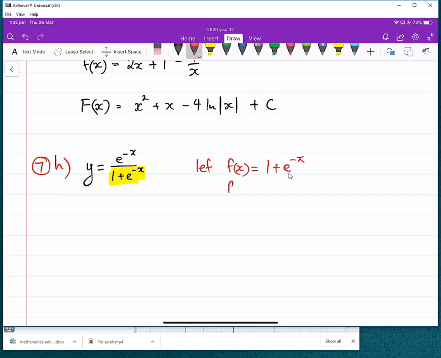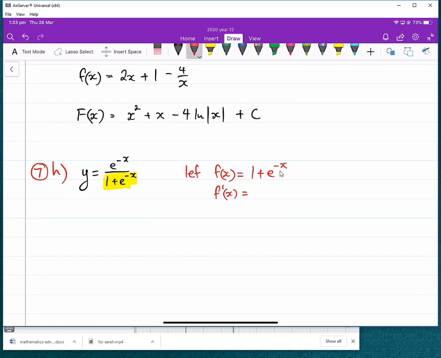So f dash of x is equal to, well, the derivative of 1 is nothing, because it's constant, doesn't have a gradient. It's got a 0 gradient, so it's actually 0. And the derivative of this, we put the negative forward, is negative e to the negative x.